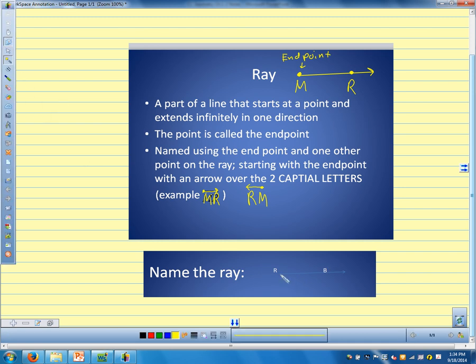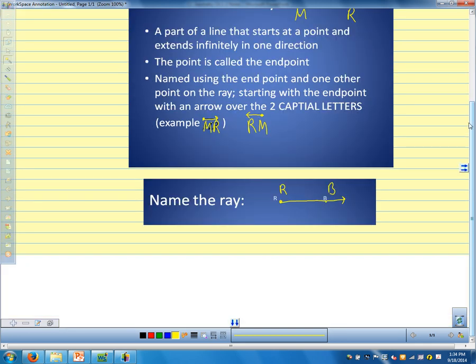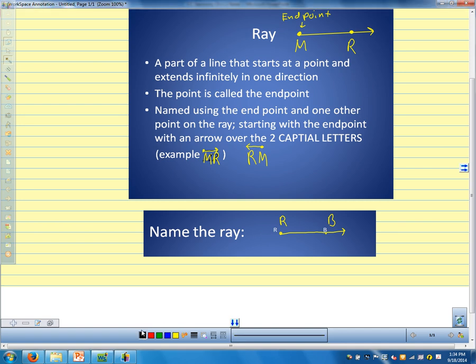So here's my ray, and this is point R, and this is point B. So what would be the name of this ray?